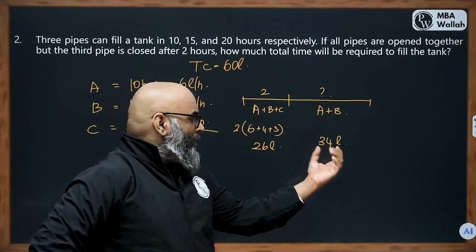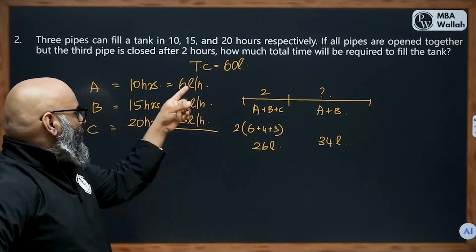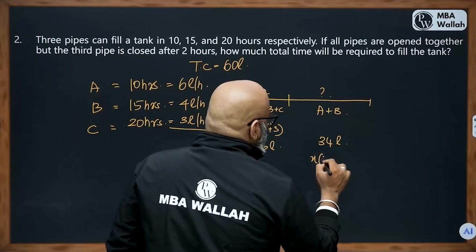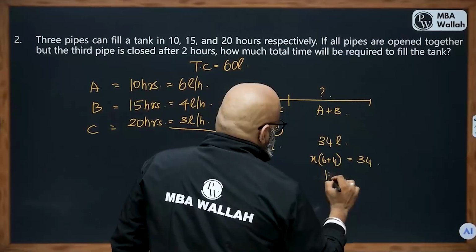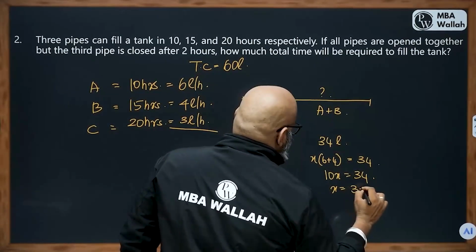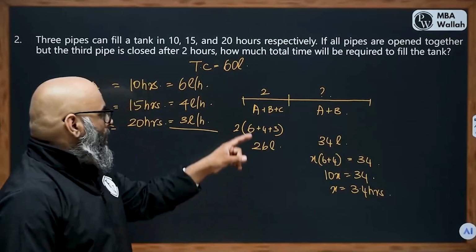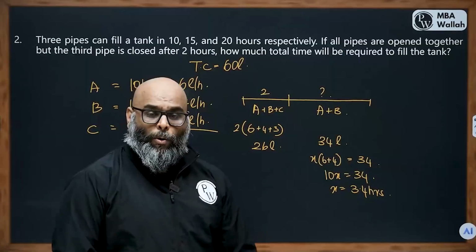Now this 34 liters has to be filled by A and B, who are capable of giving me 10 liters per hour. So some X hours of 6 plus 4 will give us 34 liters. 10x is equal to 34. X is equal to 3.4 hours. So we already have worked for 2 hours. Now we have worked for 3.4 hours.